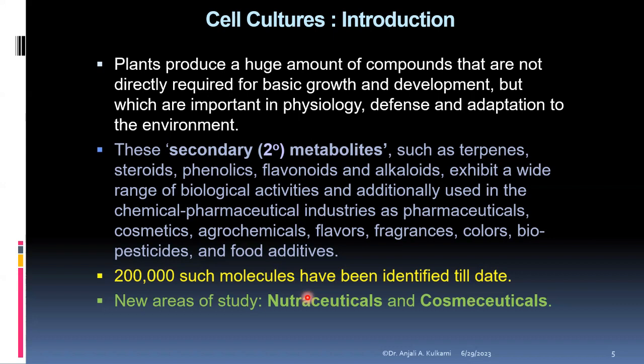Similarly, cosmeceuticals is the category wherein you have a cosmetic plus a pharmaceutical. We have so many examples in Ayurveda related to that, like Chandan is there, Haldi is there, and you yourself can think of many such metabolites which have both cosmetic as well as therapeutic properties.